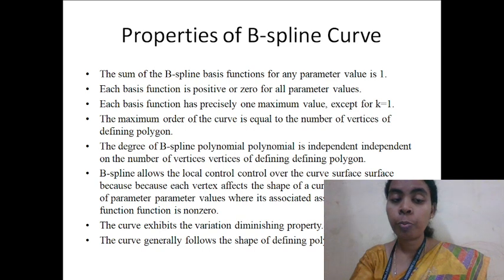The degree of the B-spline polynomial is dependent on the number of vertices of the defining polygon. B-spline allows local control over the curved surface because each vertex affects the shape of the curve only over the range of parameter values where its associated basis function is non-zero.